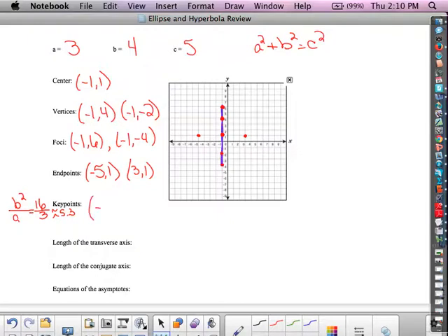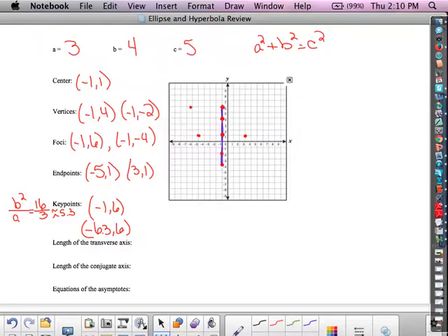You'll go to your foci, which are the endpoints of this segment. So I have one at minus 1, 6. And I will move left and right, so I'll be shifting on the x-axis. So I will be at minus 6.3, 6, which will be about here.